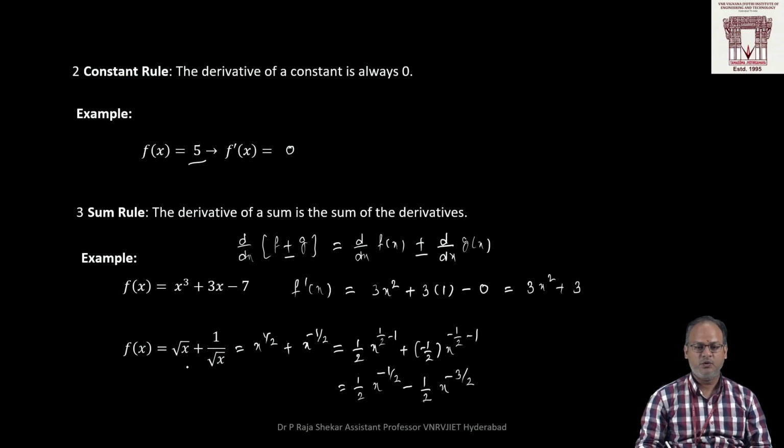So the derivative of root x plus 1 by root x: the derivative of root x is 1 by 2 into x to the power minus 1 by 2, or you may write this as 1 divided by 2 root x.